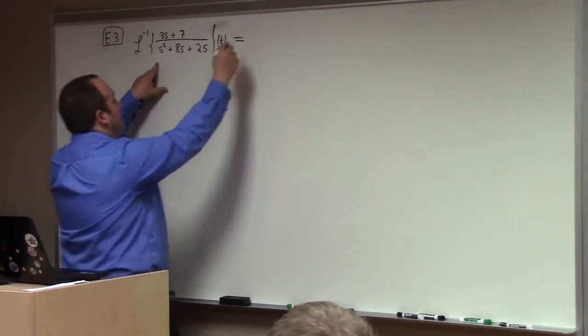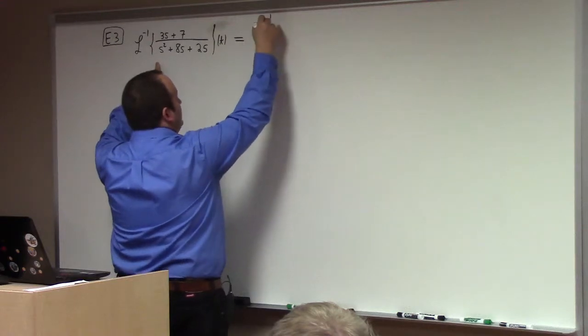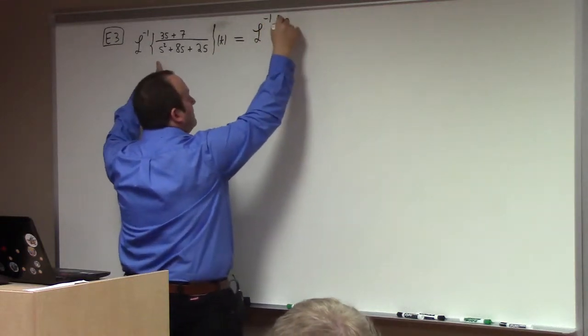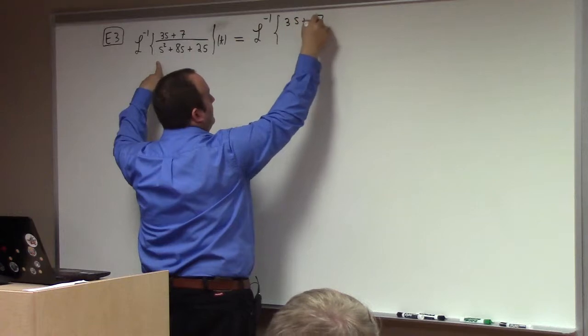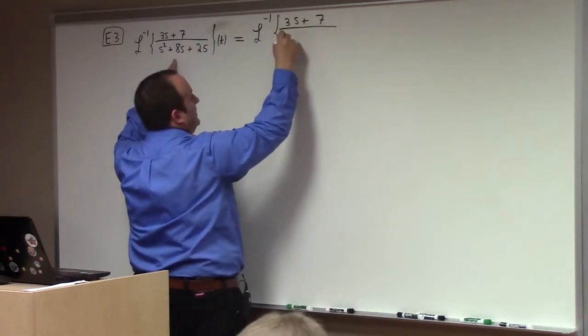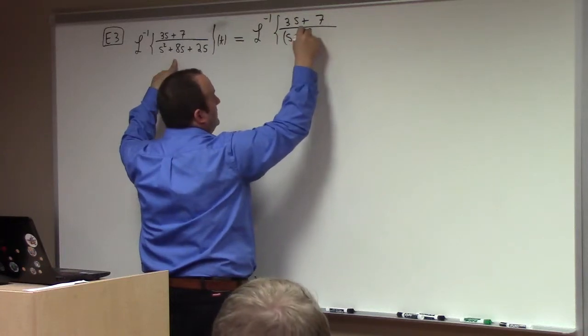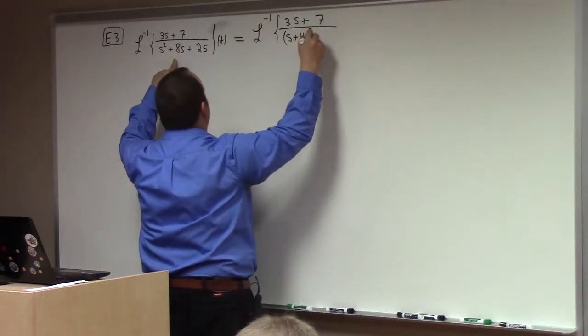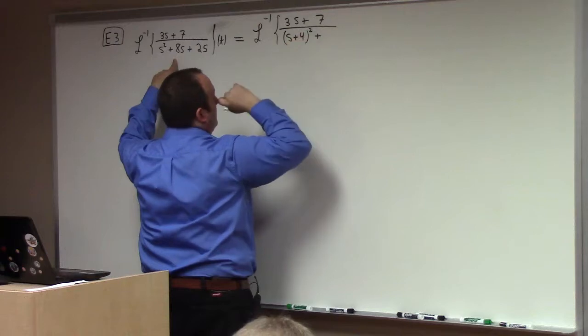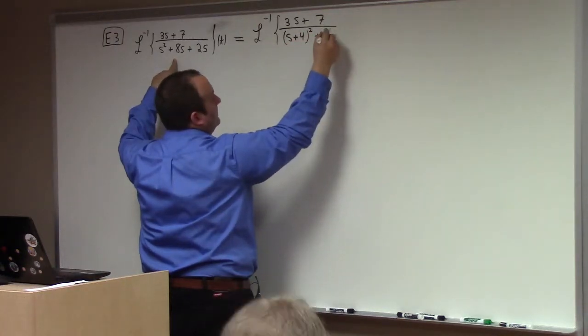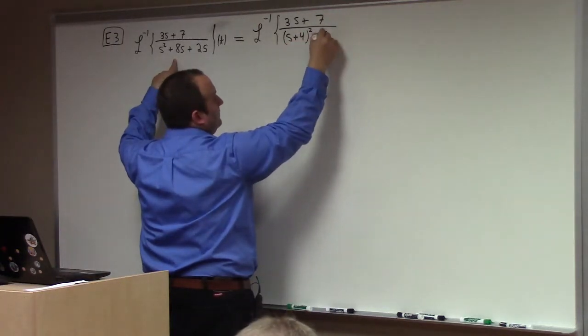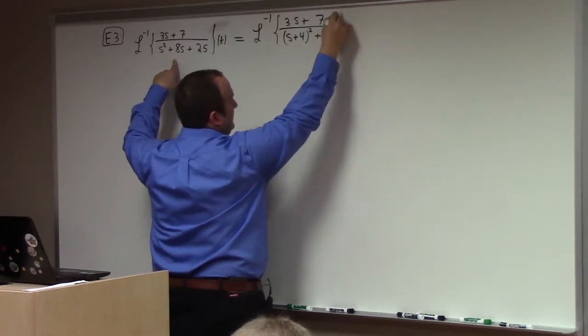This, if we complete the square in the denominator, it reveals its true nature here, which is what? This is really (s plus 4) quantity squared, plus 9. I'll write it as 3 squared just to emphasize what's going on here.